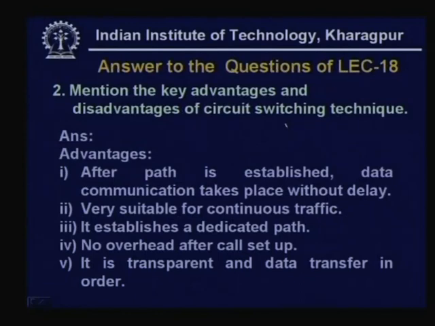Then the second question was mention the key advantages and disadvantages of circuit switching technique. The advantages of circuit switching techniques I have emphasized many times. The advantages are after path is established, data communication takes place without delay. Only delay involved is the propagation delay, propagation time.